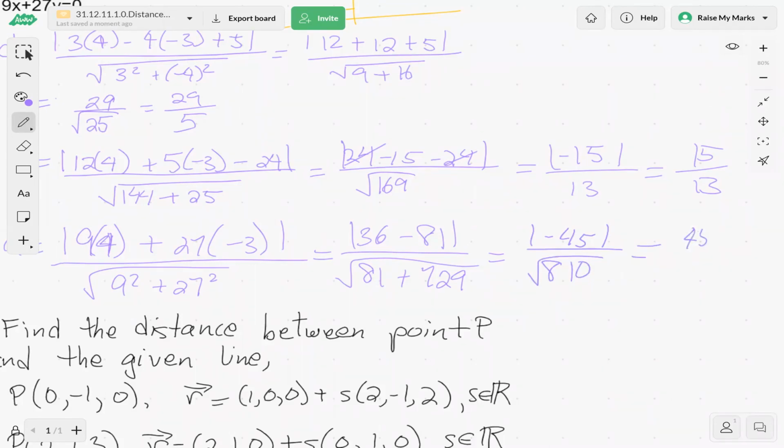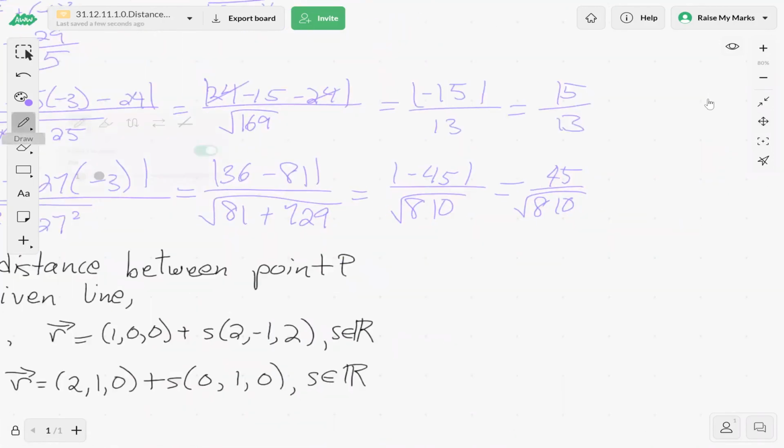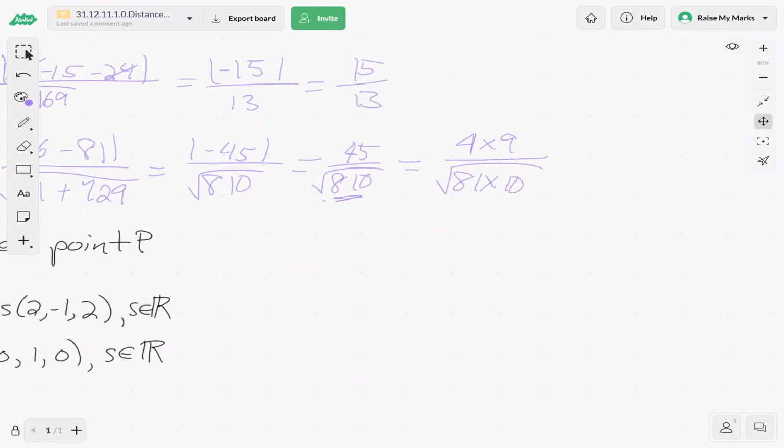So we have 45 over the square root of 810. We can factor out some things here. First off, 810 is 81 times 10. And 45 is 5 times 9.